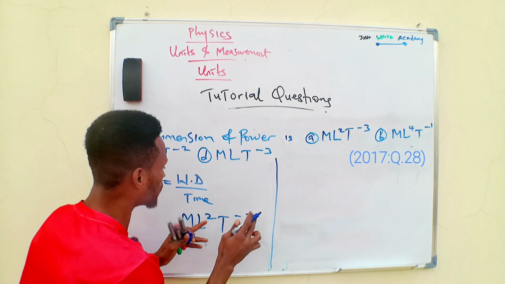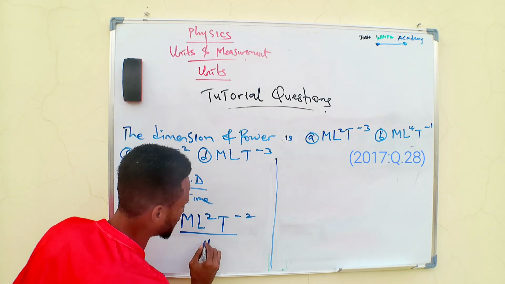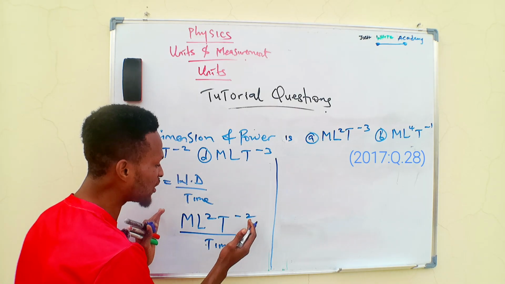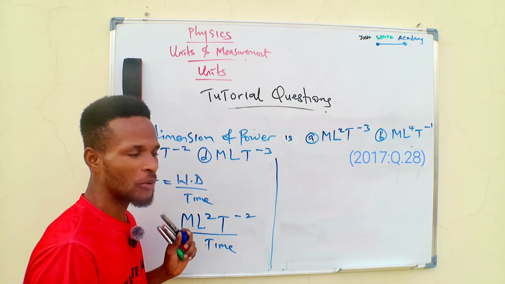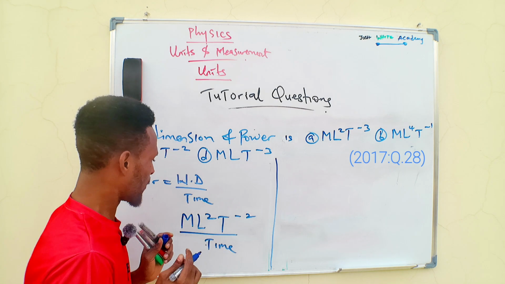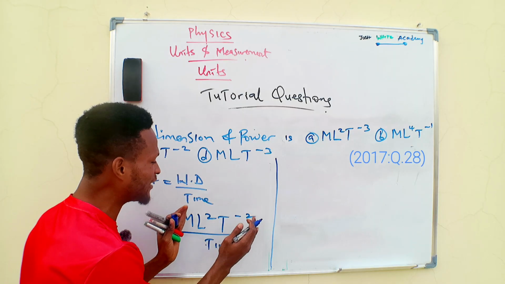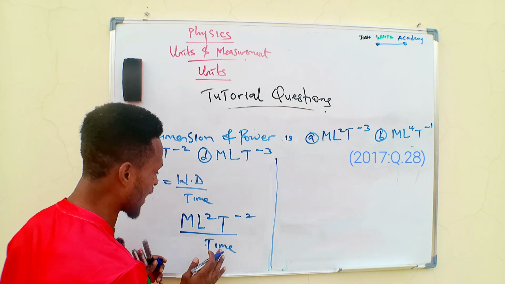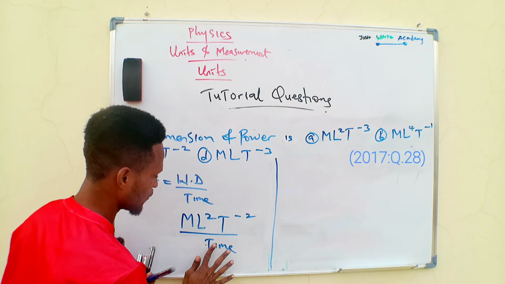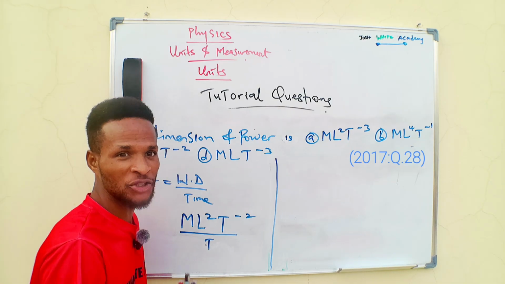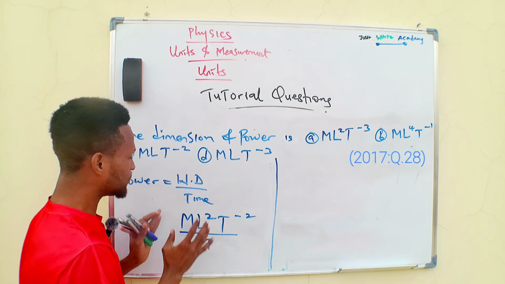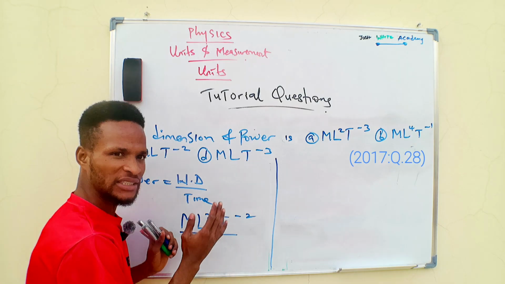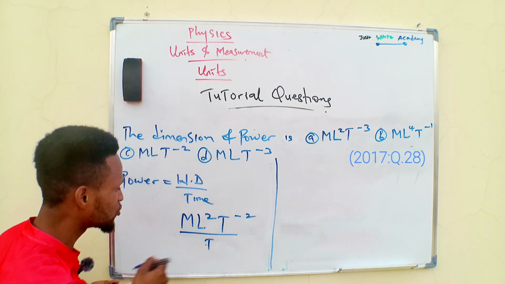If you're asking how we got work done, please reverse the video and get that. So ML squared T minus 2 divided by time.